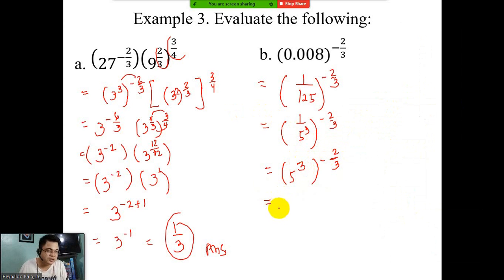This one is 3. Then the next, negative 3. Next thing is multiply negative 3 to the exponent outside. So negative 3 times negative 2 is positive 6 over 3. 6 divided by 3 is 2. So 5 squared is 25. This will be now your final answer. Next.